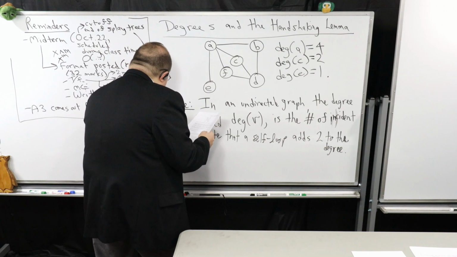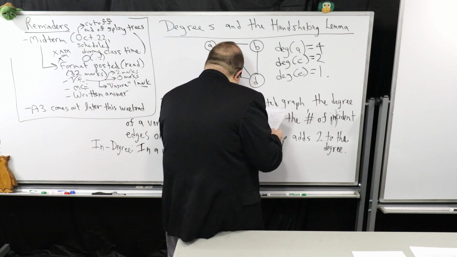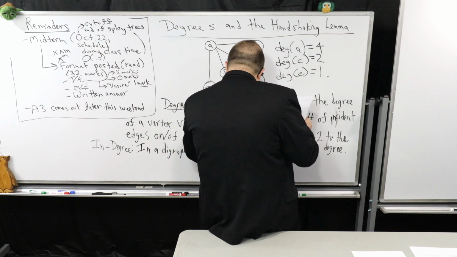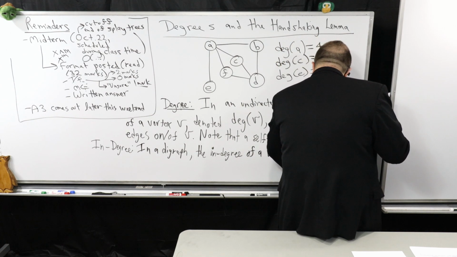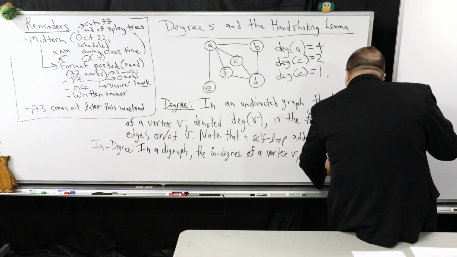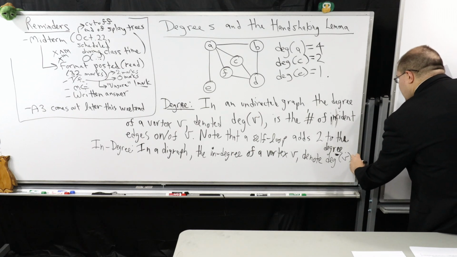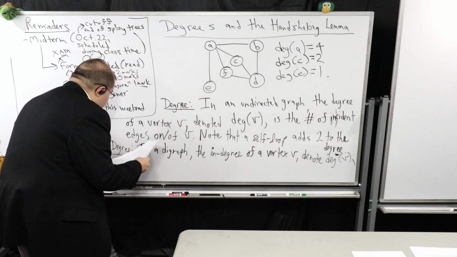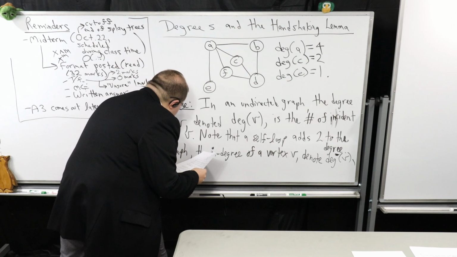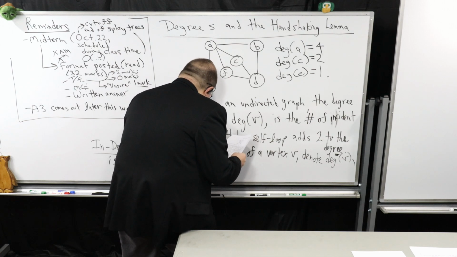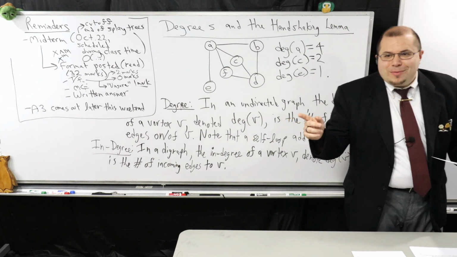In a digraph, or directed graph, I'll just say digraph, the in degree of a vertex V, which I'm going to denote as d with a minus sign just above it, d minus of V, is the number of incoming edges to V. Remember I talked about how edges go from one endpoint to another.